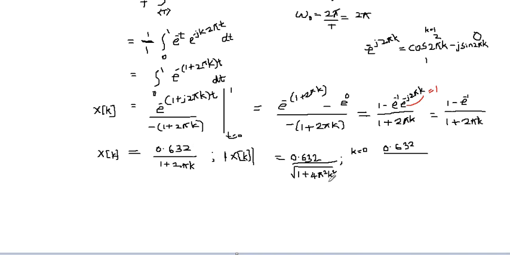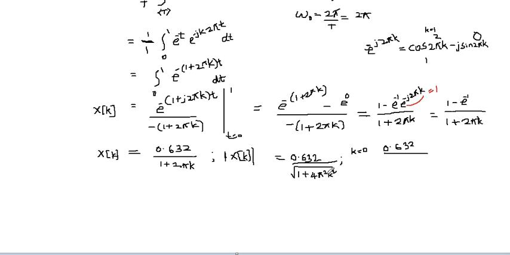Let's write the magnitude equation. When k is 0, the magnitude is 0.632, and as it is a constant, no need to write its root and square, divided by the root of 1 plus 4 pi square k square. So the magnitude of this is 1 plus the magnitude of 2 pi k the whole square, which will be 4 pi square k square.